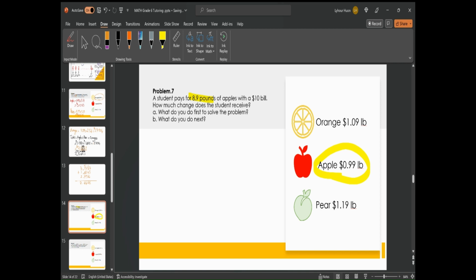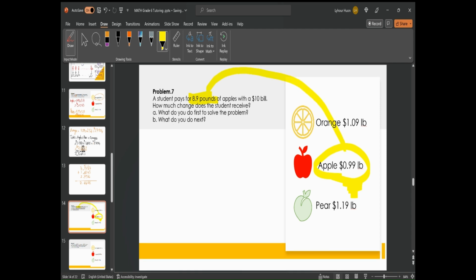Multiply. For example, you have a $10 bill, and you go shopping to buy apples, which cost 0.99 per pound, and you buy 8.9 pounds. We multiply 0.99 with 8.9 to get the price.